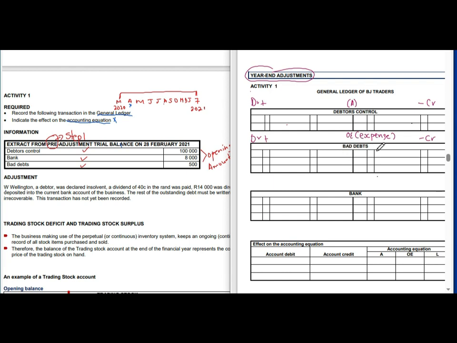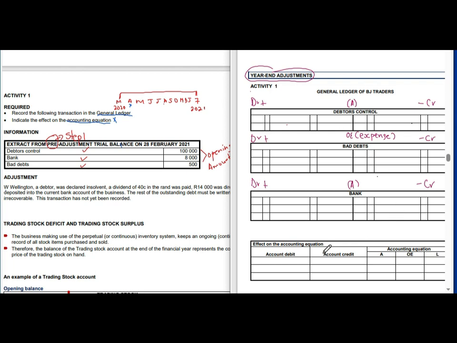That's why we say it's an expense account. Then we have the bank account, which is also an asset, increasing under the debit side and decreasing under the credit side. All inflows of money will be recorded under the debit side of the bank, and all outflows of money, such as paying our creditors, will be recorded under the credit side.